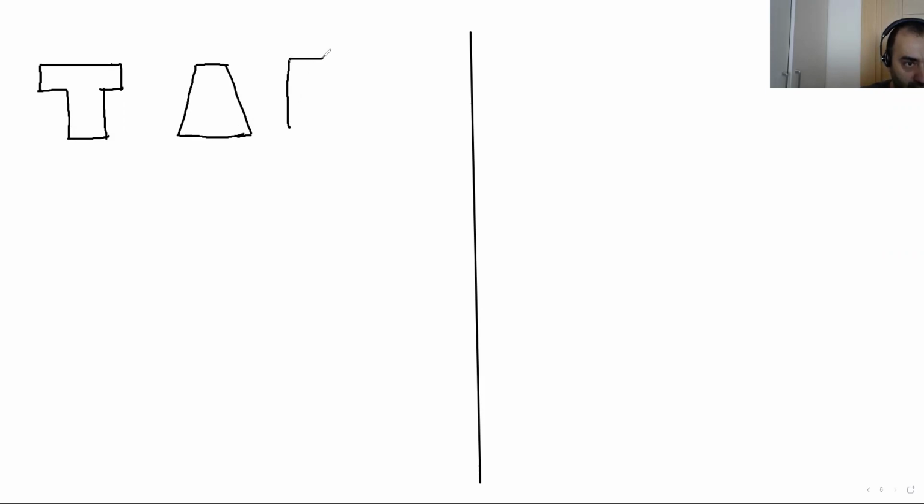Okay. For example, if I have a T section, or a trapeze section like this, or I have a section with a gap, a rectangular section.